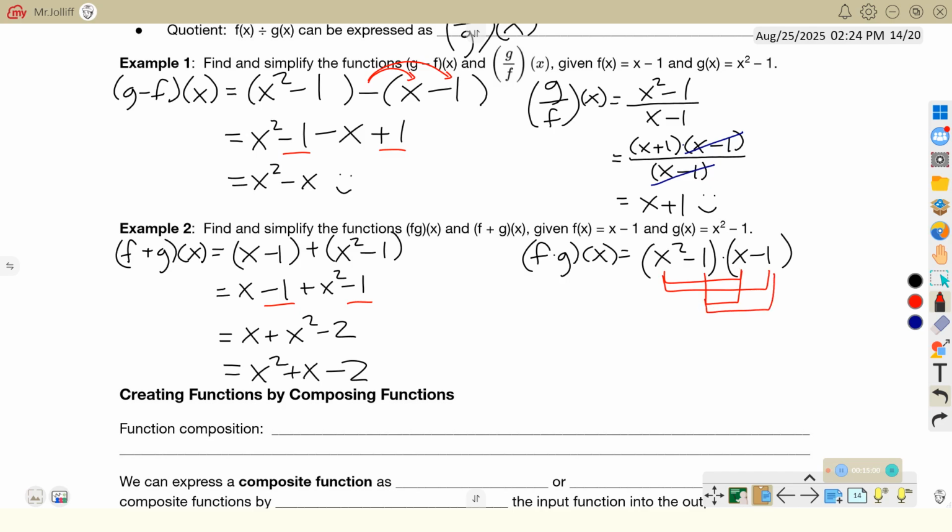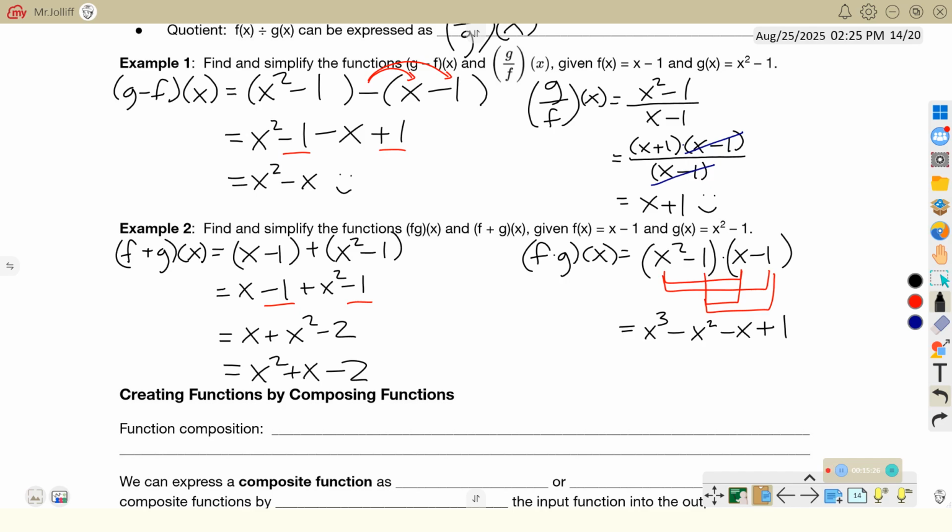So first is x squared times x, which is x cubed. Outer is x squared times minus 1, which is minus x squared. Inner is minus 1 times x, which is minus x. And last is minus 1 times minus 1, which is plus 1.